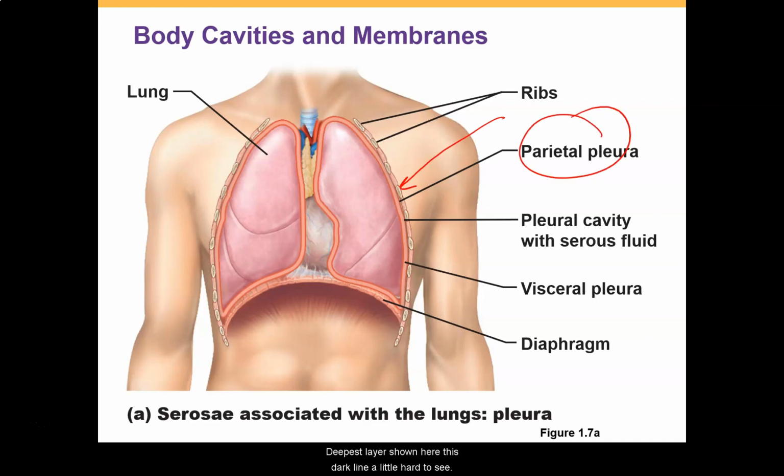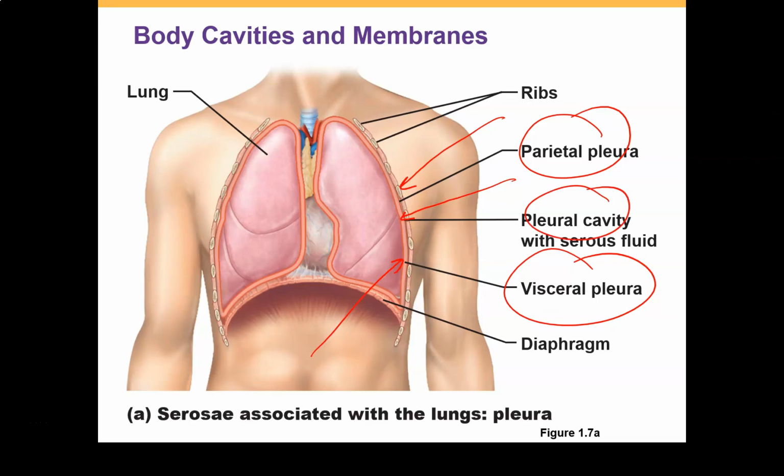Deepest layer shown here, this dark line, a little hard to see, visceral pleura. And the space in between shown as a lighter color, this is the pleural cavity. So the lungs are protected by the serous membranes, the pleural serosa.